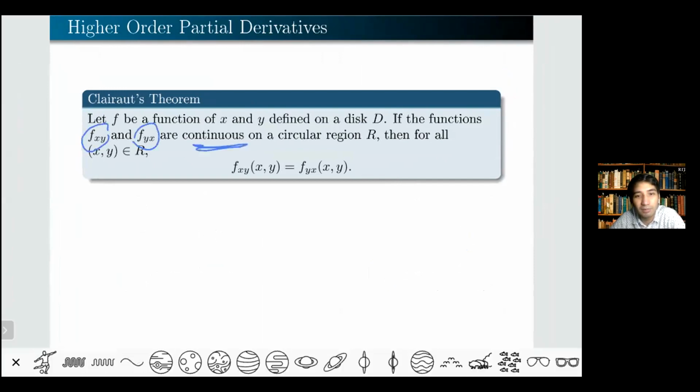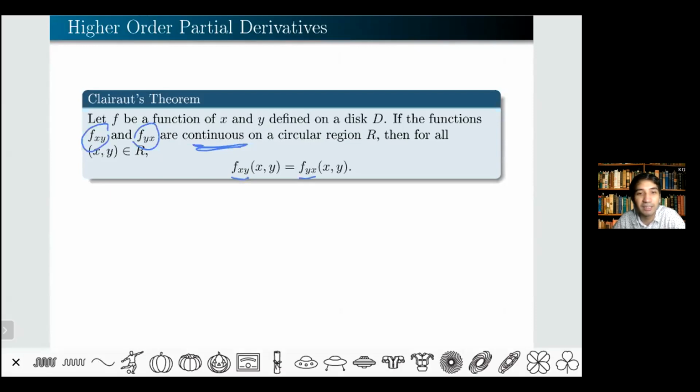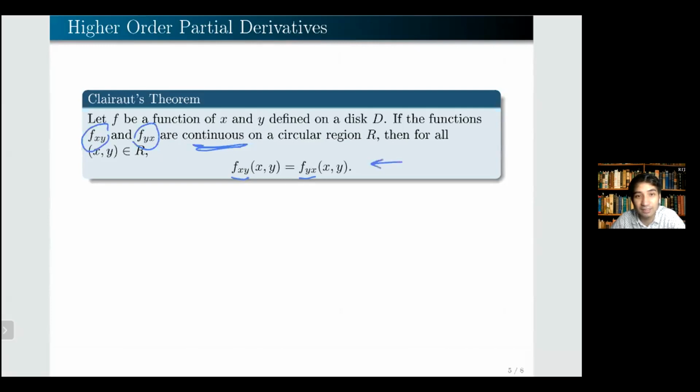So kapag continuous ka on some region R, dapat yung fxy mo at fyx magkamukha lang. Hindi nagmamatter kung unahin mo siya i-differentiate with respect to x or kung i-differentiate mo muna siya with respect to y.